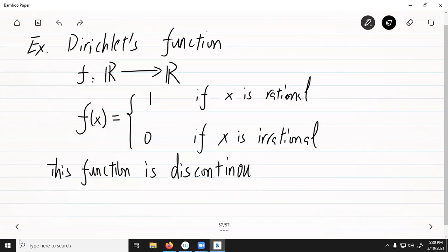Sorry, continuous in R. So in other words, discontinuous at every point.